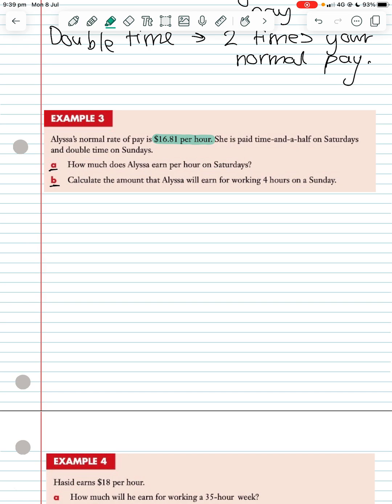So we know she earns $16.81 per hour. Time and a half on Saturdays, double time on Sundays. So for part A, we want to find her hourly rate on Sat. I'm just going to write Sat rather than Saturday. So we know it's time and a half, so that's a 1.5.